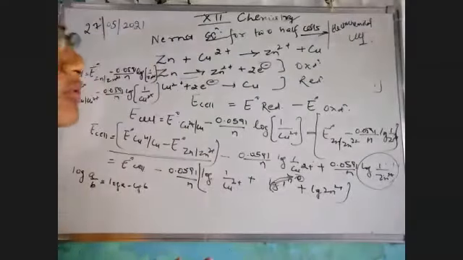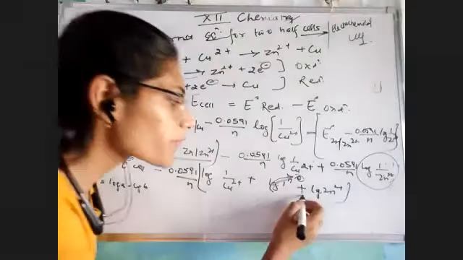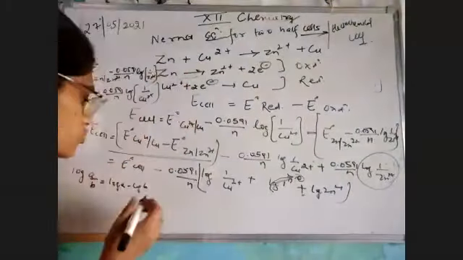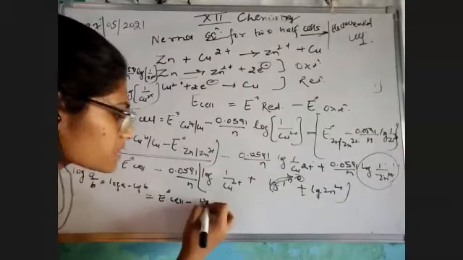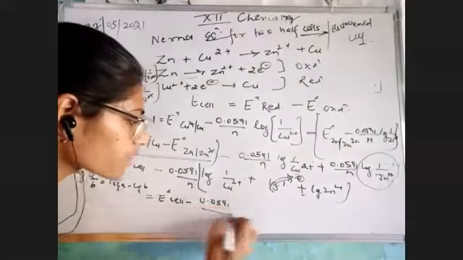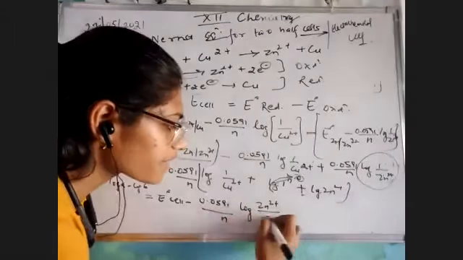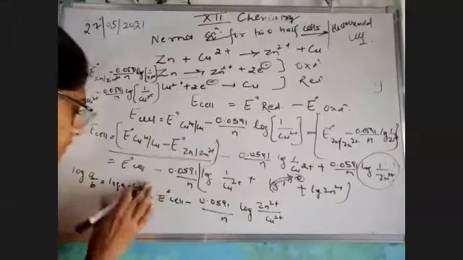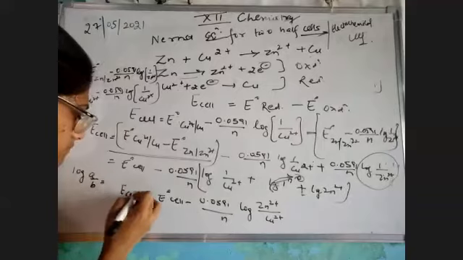I'm sorry, I don't know where we made the sign problem, but it becomes positive. So my final answer would be E cell equals E naught cell minus 0.0591 divided by n log Zn2 positive divided by copper 2 positive. Okay. So this is my final equation.